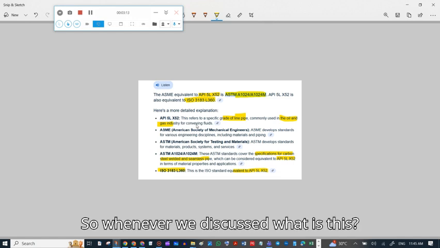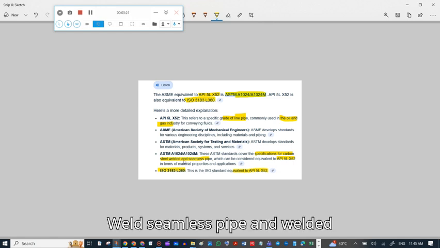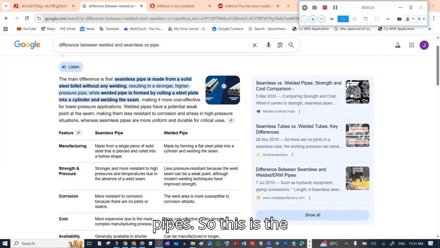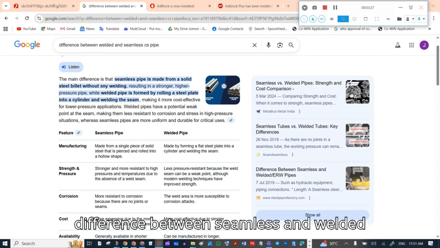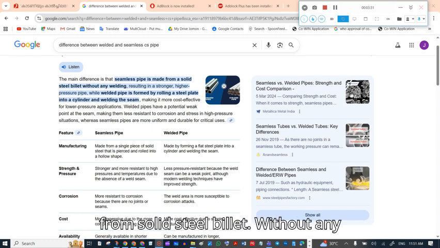So now we will discuss the difference between seamless pipe and welded pipe. Seamless pipe is made from a solid steel billet without any welding.